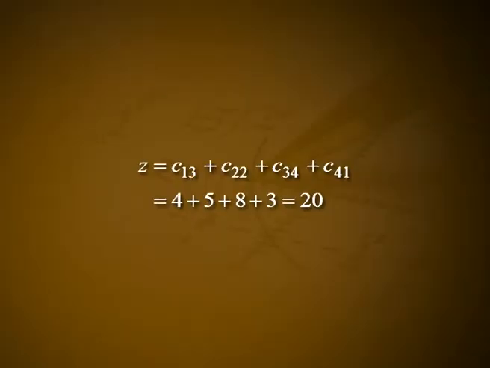And the optimum value, if we consider the second assignment, is z equal to C13 plus C22 plus C34 plus C41, that is 4 plus 5 plus 8 plus 3, that is 20. Hence, both assignments give the same optimum value.